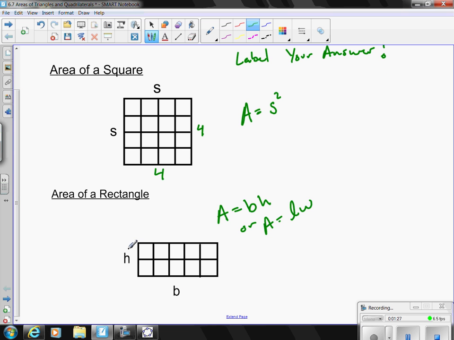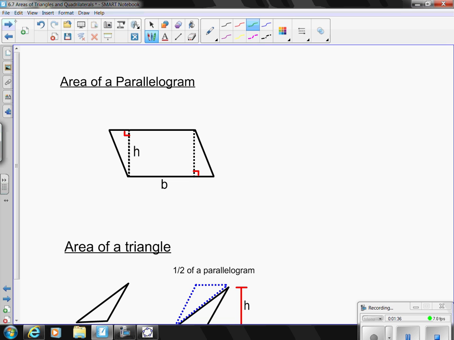So if you're taking notes, it's important to understand that the height, just like the height of a triangle, has to be measured at a right angle. For the area of a parallelogram, this is the base, this is the height, measured at a right angle. Notice if I cut this triangle off of the parallelogram, this triangle and this triangle are basically the same.